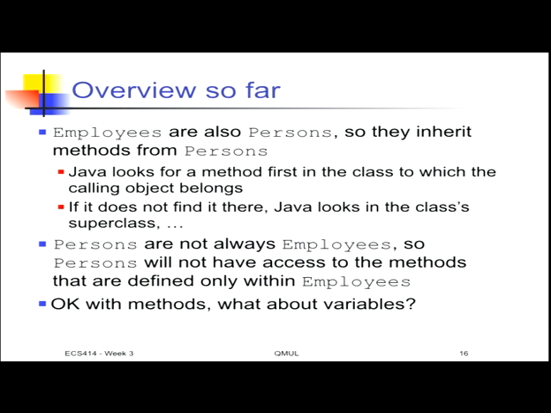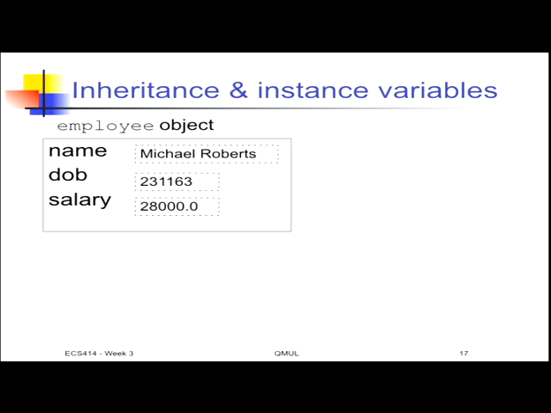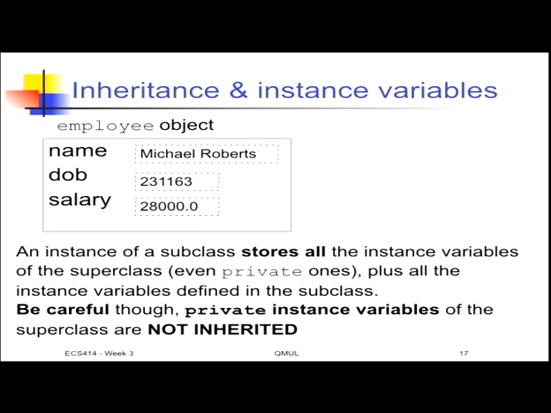What about variables? In the Employee object, we declared a salary instance variable, but in fact there are going to be other instance variables involved, the instance variables of the superclass, because employees are persons.